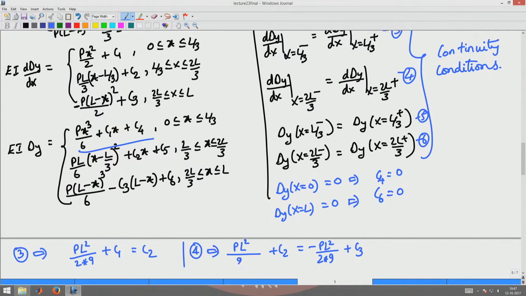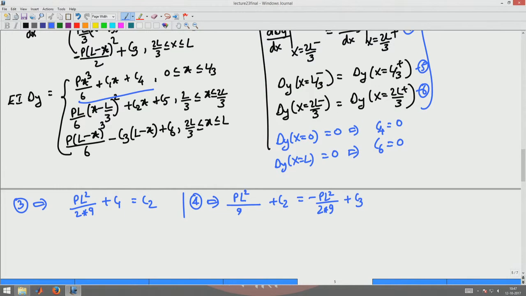Now, let us see what happens from equation 5. I have to substitute x equal to L by 3 in this equation. C4 I know is 0, so I can drop that, and x equal to L by 3 in this equation, that will be at L by 3 plus.